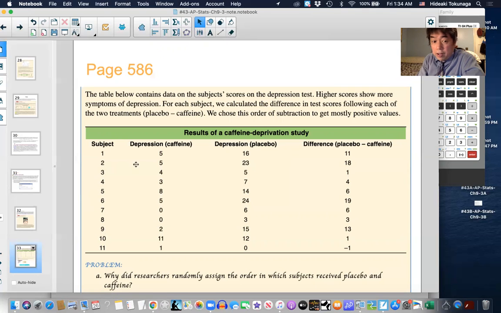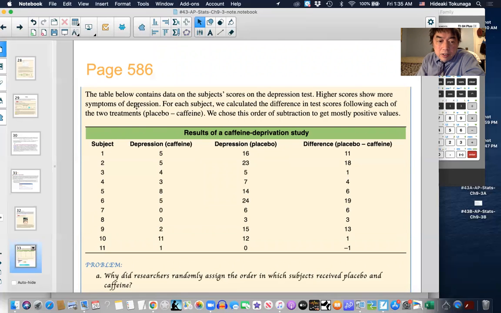Then it could be first day and second day, or second day, first day. We don't know which one they give, which day. They means doctors, to find out the research. But we could tell which day they give placebo or caffeine. So we're going to find the differences. Those are the difference data.